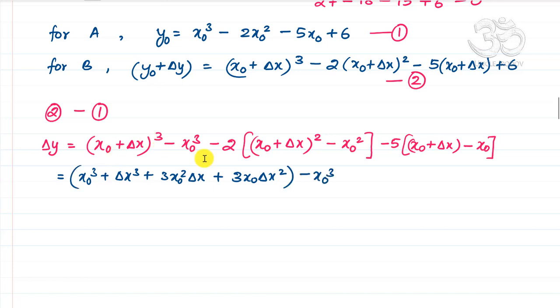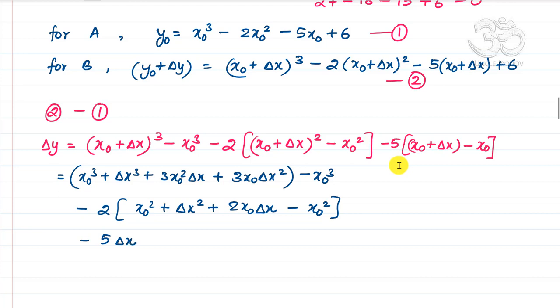Then the second term, minus 2 times x naught squared plus delta x squared plus 2x naught delta x minus x naught squared. And in the third term I can straight away cancel out that x naught, and I will have minus 5 delta x.